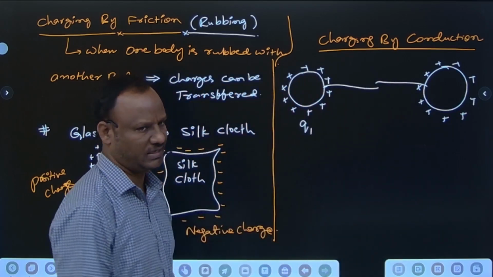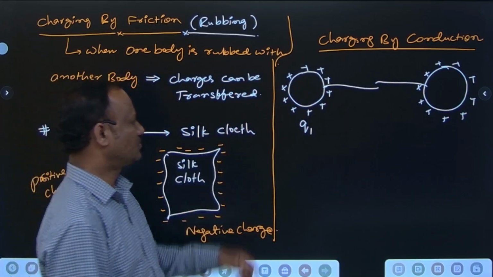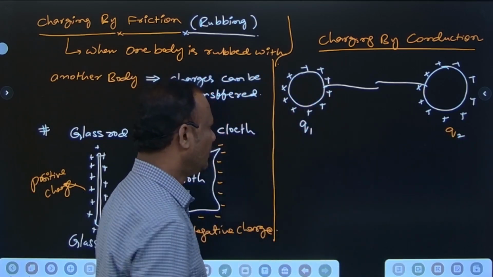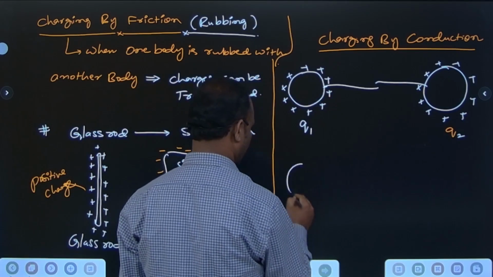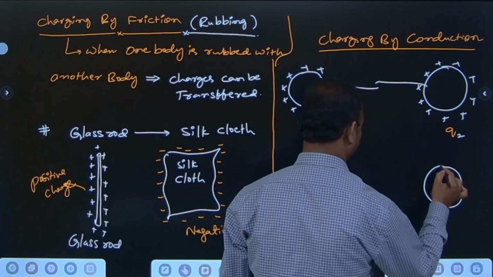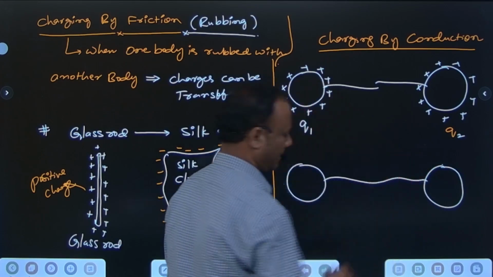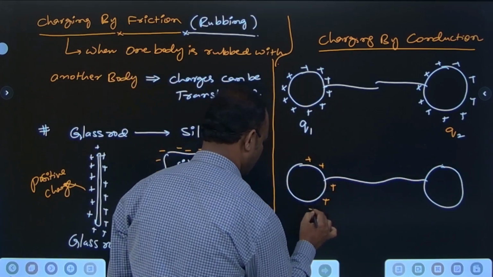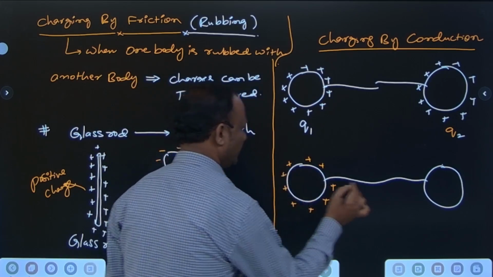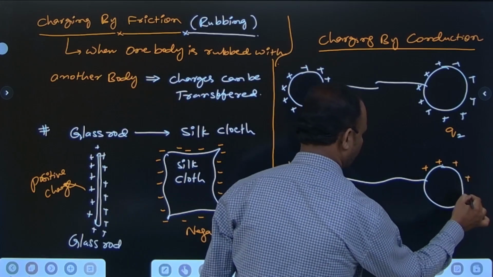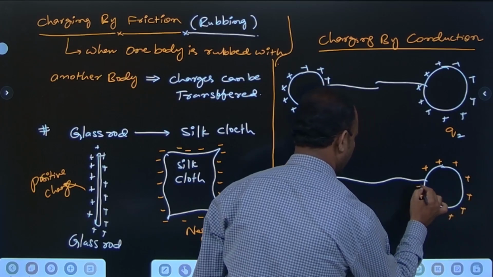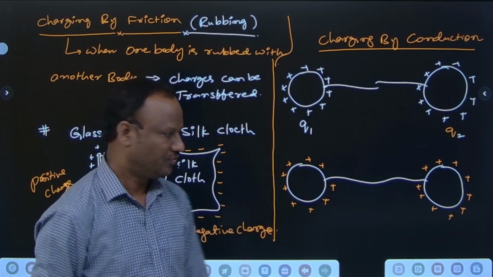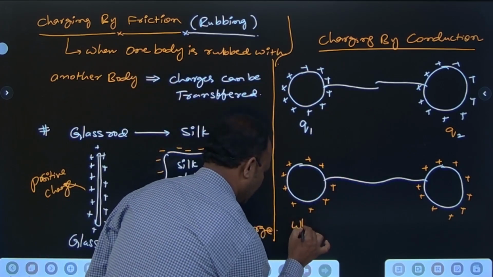I have wires like this. Are these two wires connected? No. Not connected means the charge on this one is Q1 and the next one is Q2. Now the same bodies are connected. When connected, they acquire new charge. A body may lose some amount of charge or gain some amount, till they maintain equal potential.